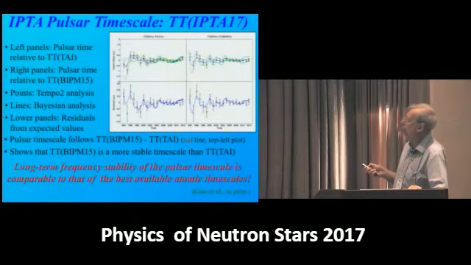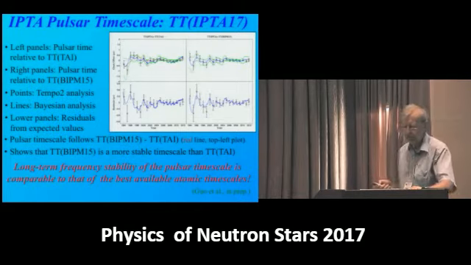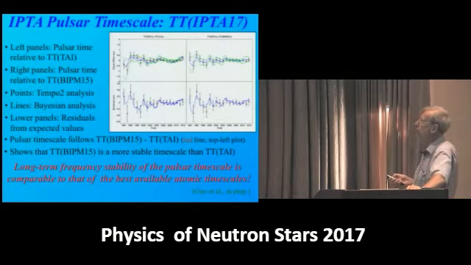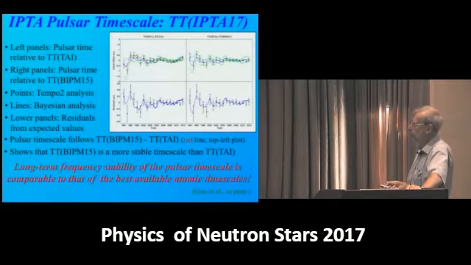And you can see that the pulsar timescale, which is this blue line, and also these points with error bars for two independent analysis methods, do in fact follow the difference between BIPM15 and TAI. So that's quite important, because that shows, first of all, that TT(BIPM15) is a more stable timescale than international atomic time.